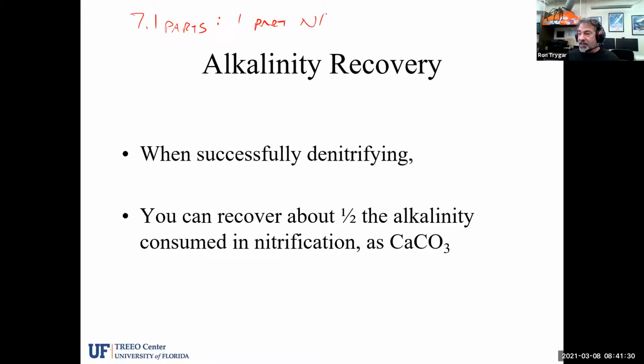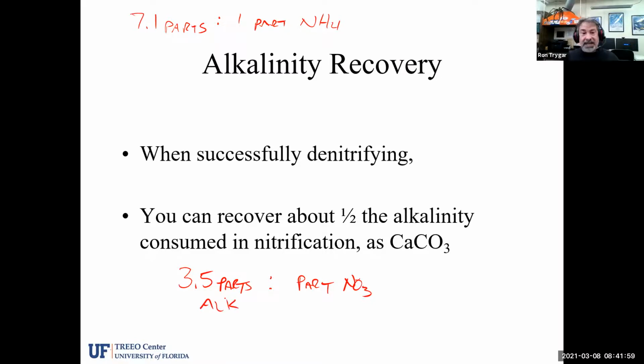So we said that was a huge amount of demand on alkalinity, but now we're actually going to recover about half of it. So the number that we generally attribute to this is around 3.5 parts of alkalinity per part of NO3 that we reduce to nitrogen gas. So around 3.5 parts of alkalinity are produced.